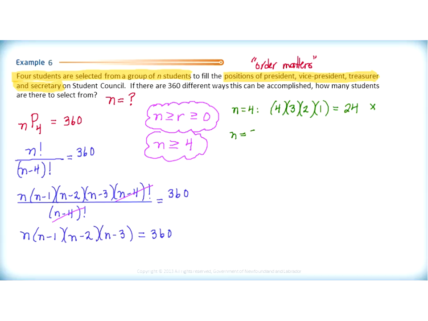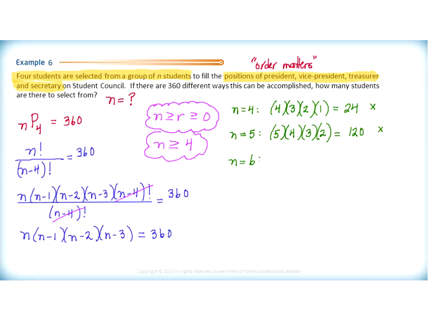So then we check n equals 5 because n does have to be a natural number. So then we would have 5 multiplied by 4 multiplied by 3 multiplied by 2. The product of these 4 numbers is equal to 120. Therefore, n equals 5 is not a possible solution.